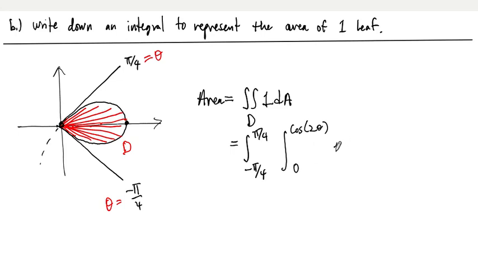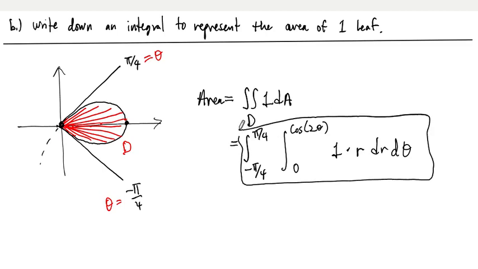Okay? And then 1. But then remember, we're taking an integral in polar coordinates, so we have to integrate 1 times r times dr d theta. Okay? And so this is the integral that you should compute now to get the answer to part C, which is the actual area enclosed by one leaf.